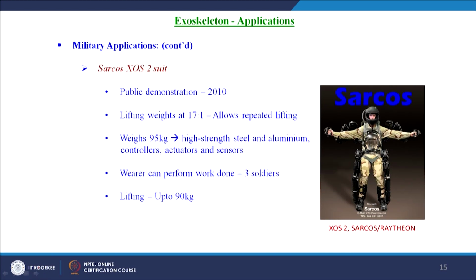Now coming to the second exoskeleton under the military application, the Sarcos Exos 2 suit. It is a second generation suit of the Sarcos exoskeleton company, and it was publicly demonstrated in the year 2010. The operator who is lifting the weight with the Sarcos exoskeleton will feel the weight lifted in the ratio of 17:1.